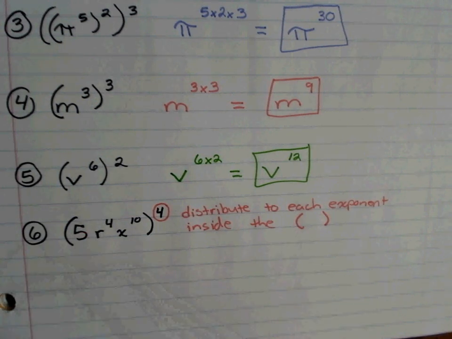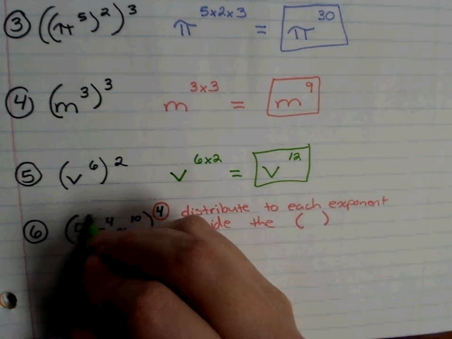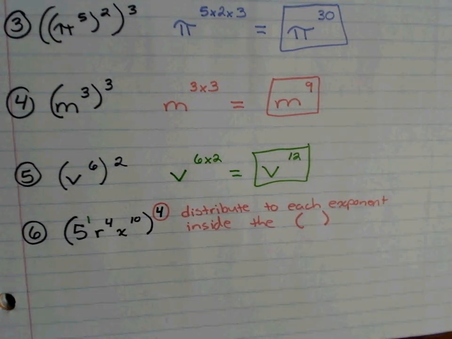They skip over distributing it to the 5, because the 5 doesn't have an exponent written, they automatically assume there isn't an exponent. But what do we know? Everything always has an exponent. If the exponent isn't written, then it means it has an exponent of 1.